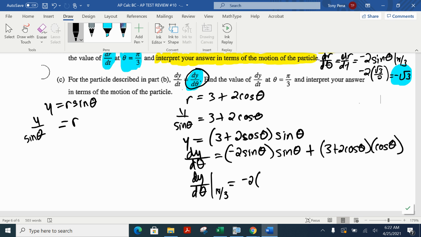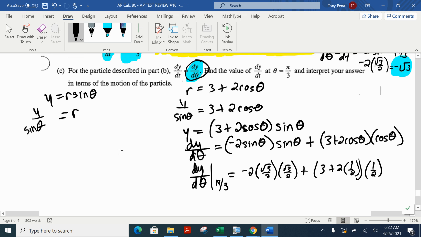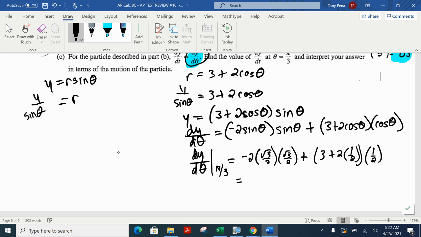All right, so sine of pi over 3 is root 3 over 2. And cosine at pi over 3 is 1/2. All right, what's this going to give us here?